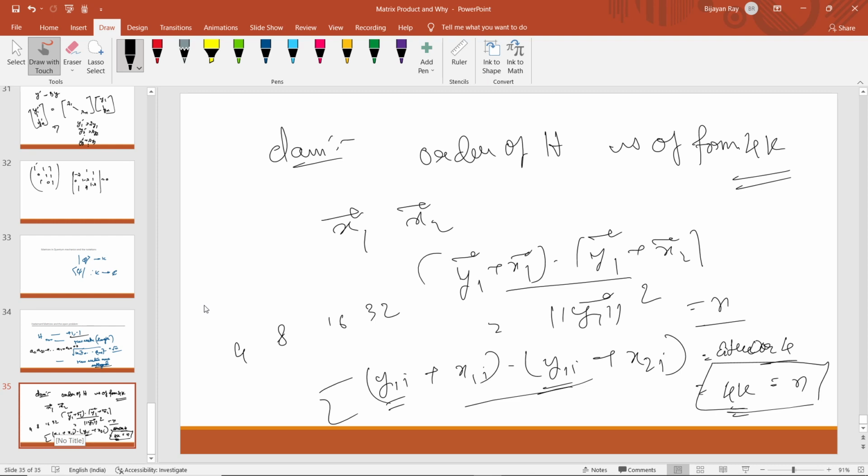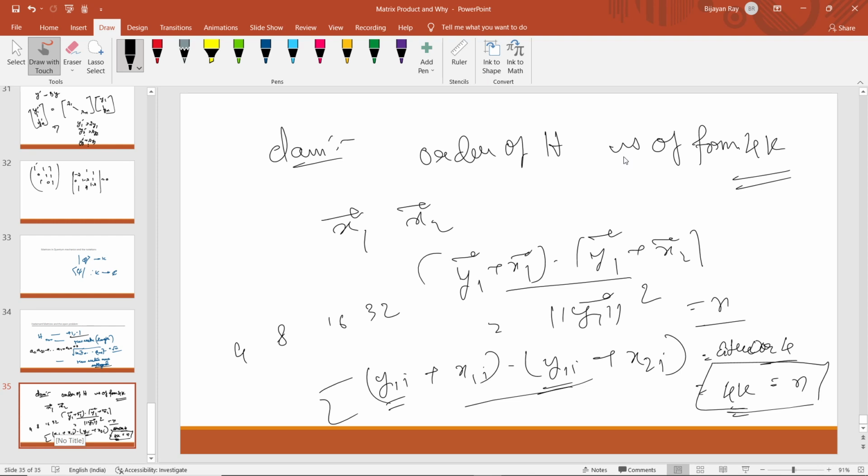So this is correct, right? If the Hadamard matrix has order, it is of the form 4k, but the question is the converse, to prove the converse. So yes, this is an unsolved problem.